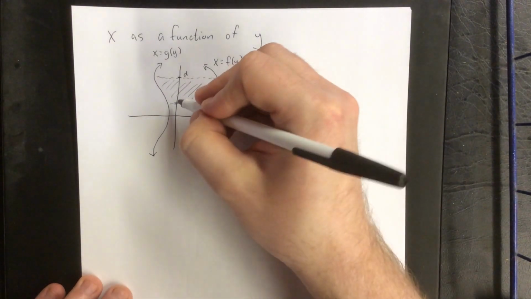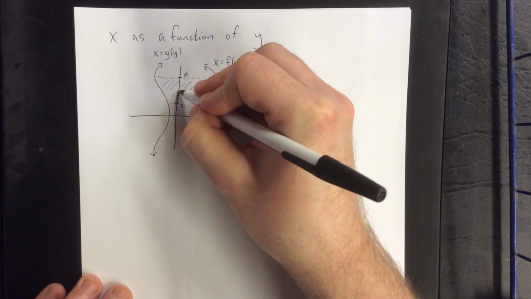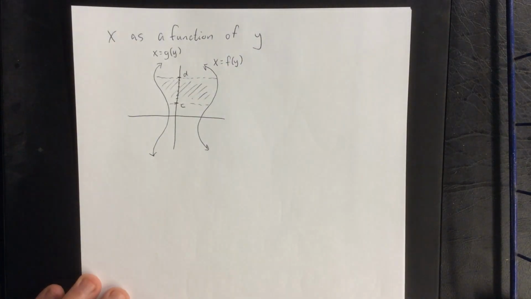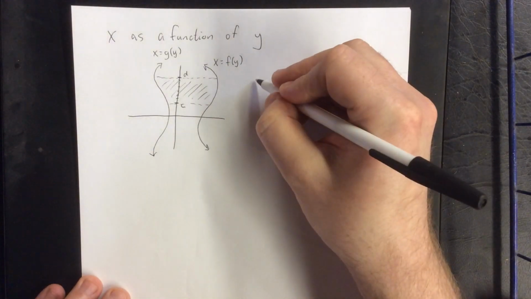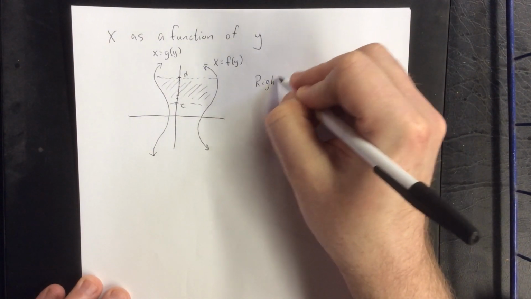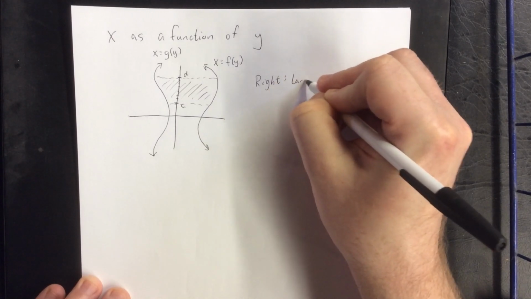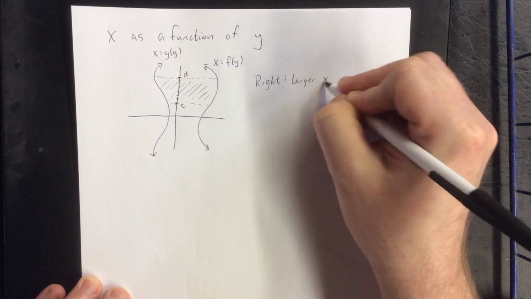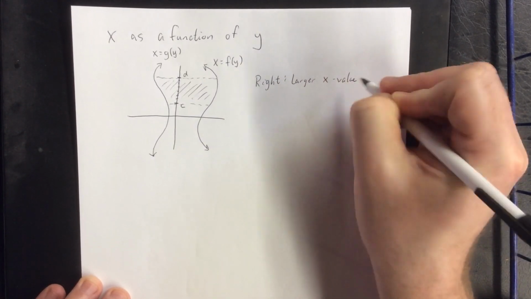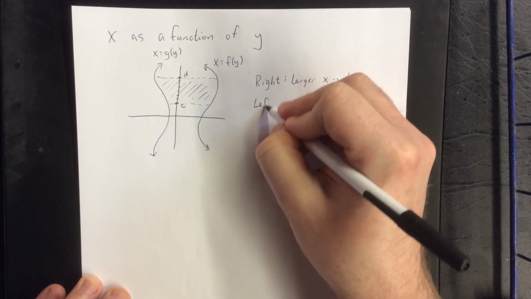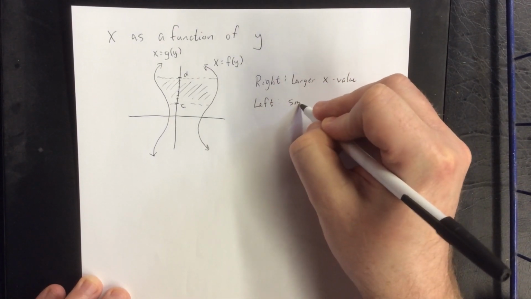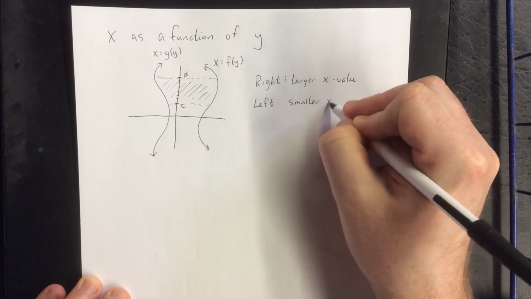To set this up, we would, once again, break the interval from c to d up into a bunch of little tiny subintervals, but ultimately, what you're going to be looking for is your right function, the larger x value, versus the left function, which is the smaller x value.